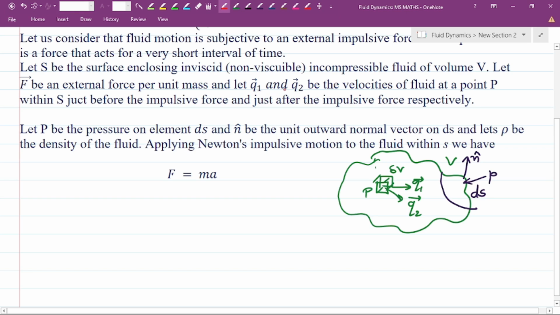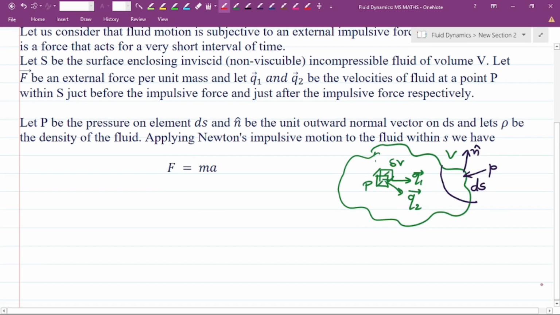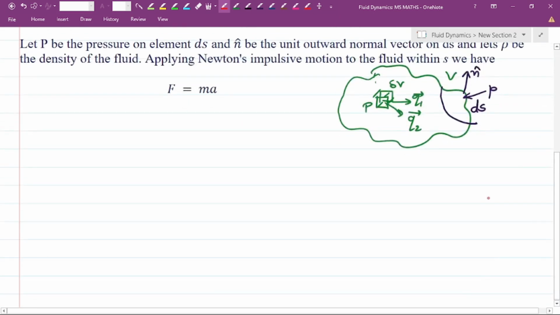Applying Newton's impulsive law of motion on S, it is basically Newton's law, F equals ma, where m is the mass of the fluid and the acceleration is the change in velocity, dq by dt. In the form of momentum, it is d of m q vector upon dt.